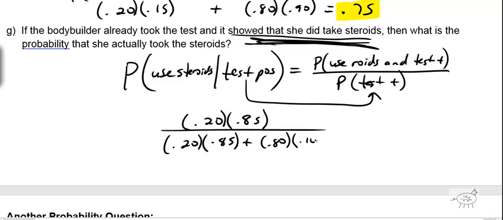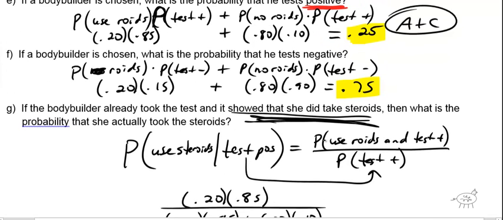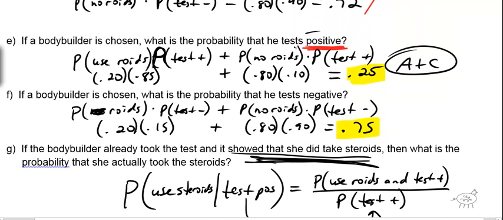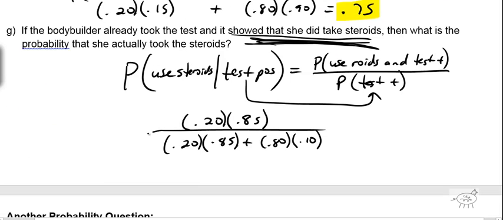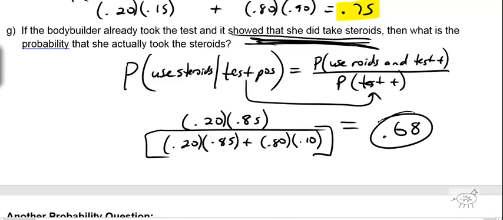Okay, that's the probability of actually testing positively, which again, if you look, that's what we did in E, right? Tested positive. Okay, and just be careful. Make sure you use lots of parentheses for that bottom guy right there. Right, and your answer comes out to be 0.68.